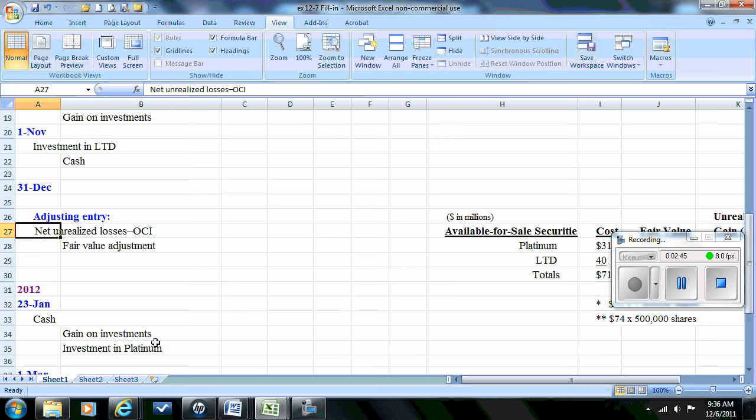And we're going to have an effect on other comprehensive income. We can have unrealized losses, OCI, or we can have unrealized gains, OCI. Again, we want to differentiate in the account name that the impact will be on OCI and not on the income statement, on net income.